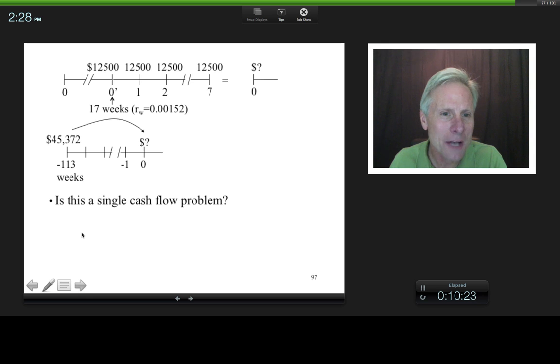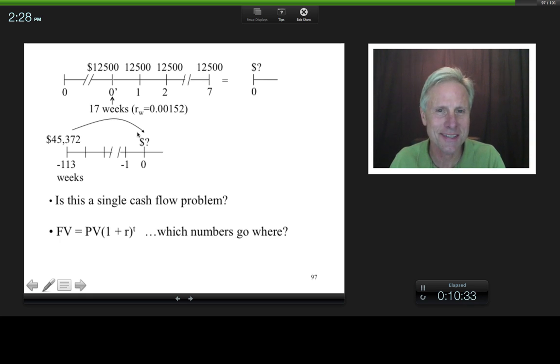So is that a single cash flow problem? It is, right? I need to bring this forward in time. So using the only single cash flow formula that exists, what numbers go where? What's my FV? Well, that's what I'm trying to figure out, right? That's the later value. What's my PV? Well, that's the 45,372, right? What kind of effective rate will I use?